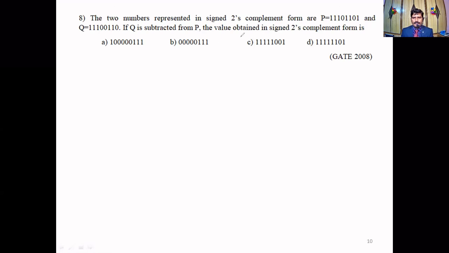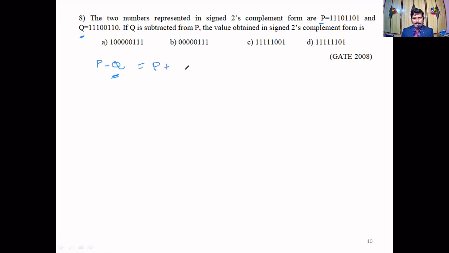The two numbers, P is given and Q is given. They are in 2's complement form. If Q is subtracted from P, that means P minus Q, he is asking.